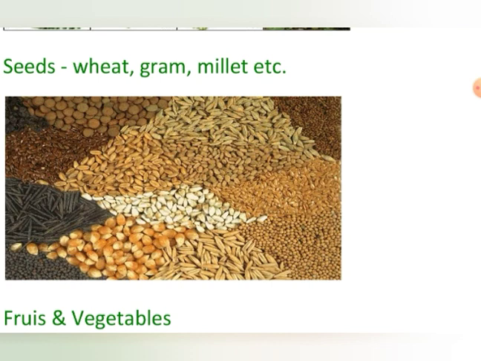Where does the chapati come from? Your mother cooks the chapati from flour. And where does the flour come from? It comes from wheat grain. And where do the wheat grains come from? From the wheat plant. So another edible part of the plants is the seeds.